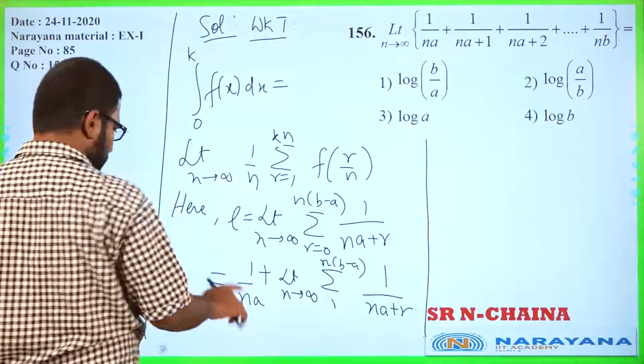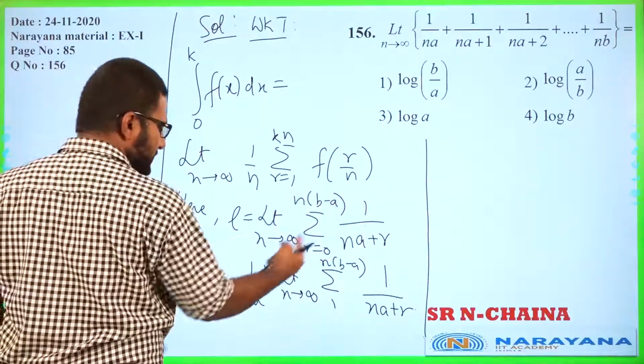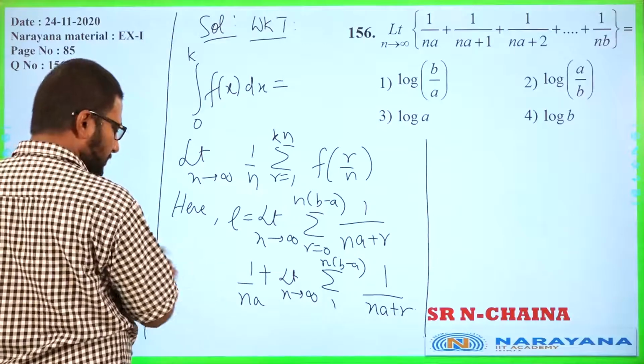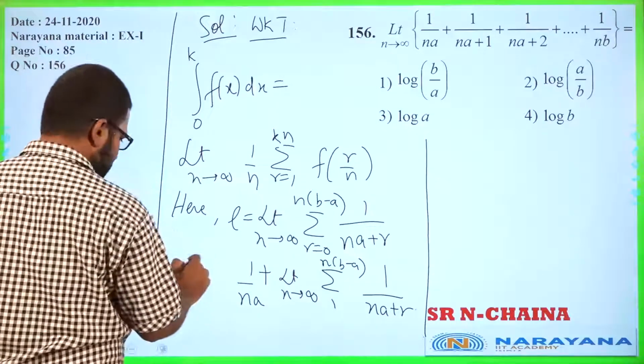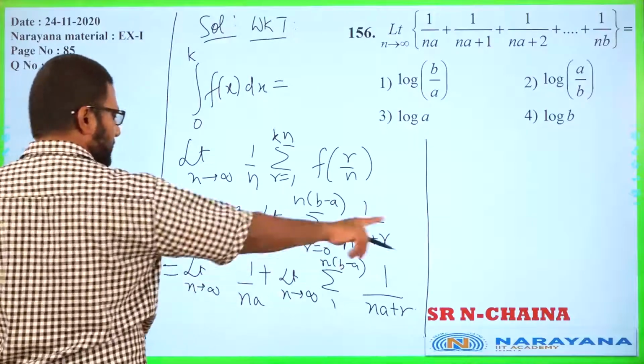And don't do this, because if limit n tends to infinity is in this, then n is going to infinity here also. So remove this, limit n tends to infinity this part plus the rest of it.